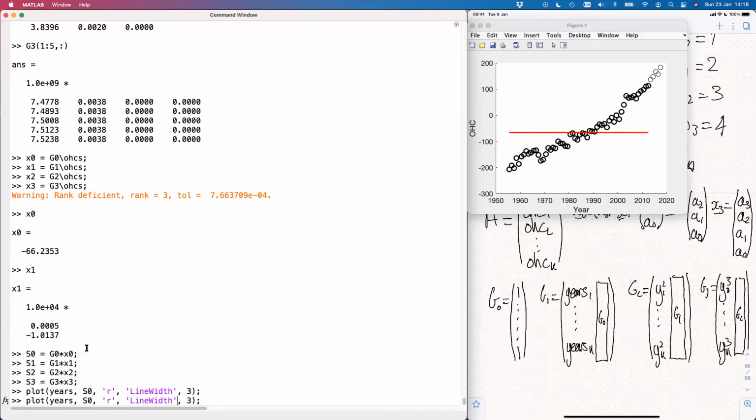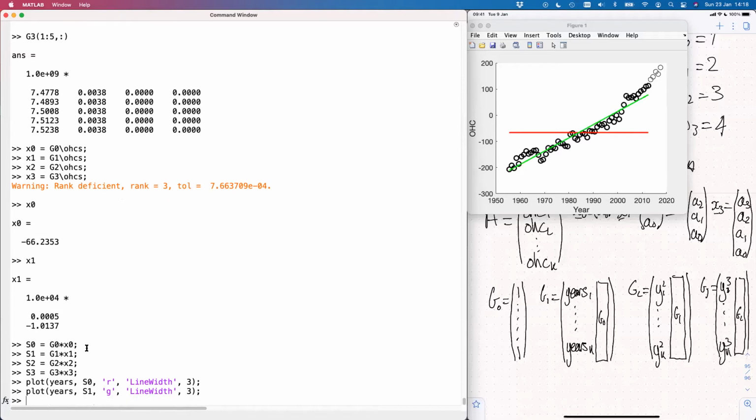Let's add the others. Let's put the linear model in green. There it is. That obviously gives us a much closer fit to that data than, at least by eye, the constant model does. Let's see how the quadratic model compares. We'll do that in blue.